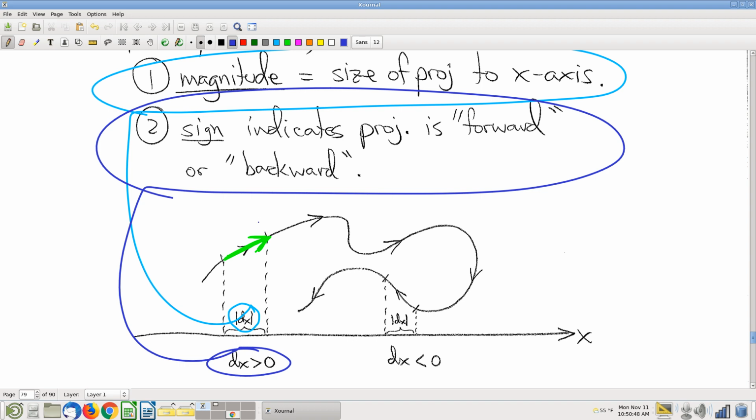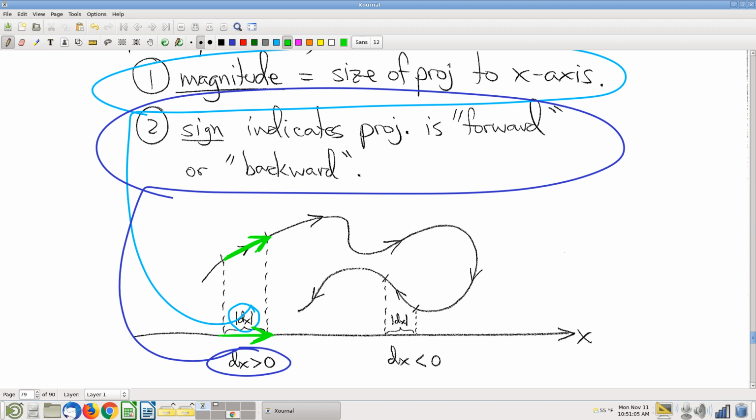This green vector has a direction that it's going that way. And if you take that direction and look at how that direction shadow looks down here in the x-axis, it's pointing in the direction that the x-axis goes.